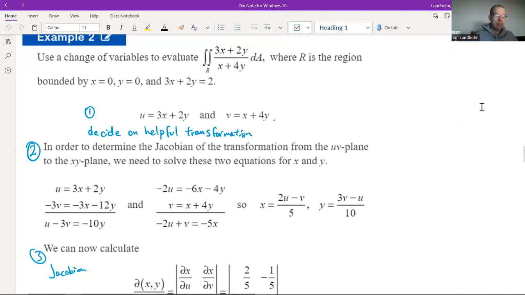With Jacobians, you're probably going to be doing a Jacobian for one of two reasons. One of them, it might be making the integrand into an easier function.